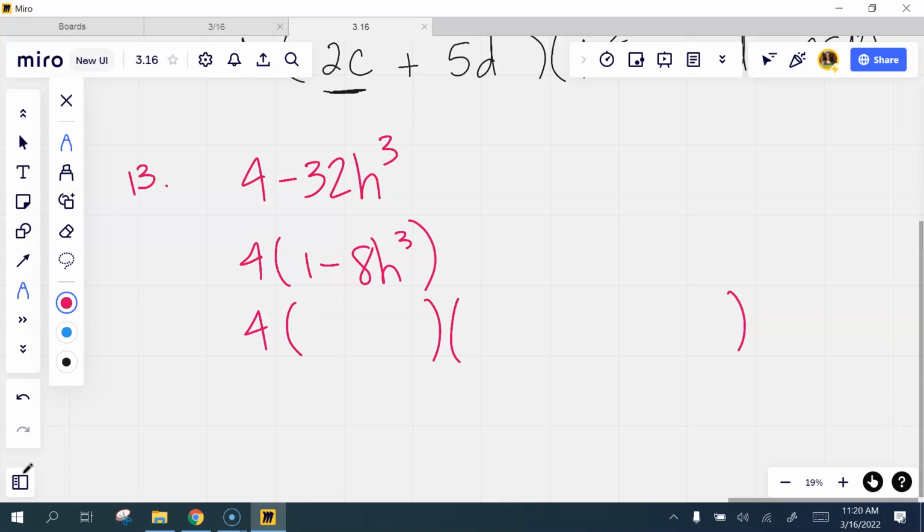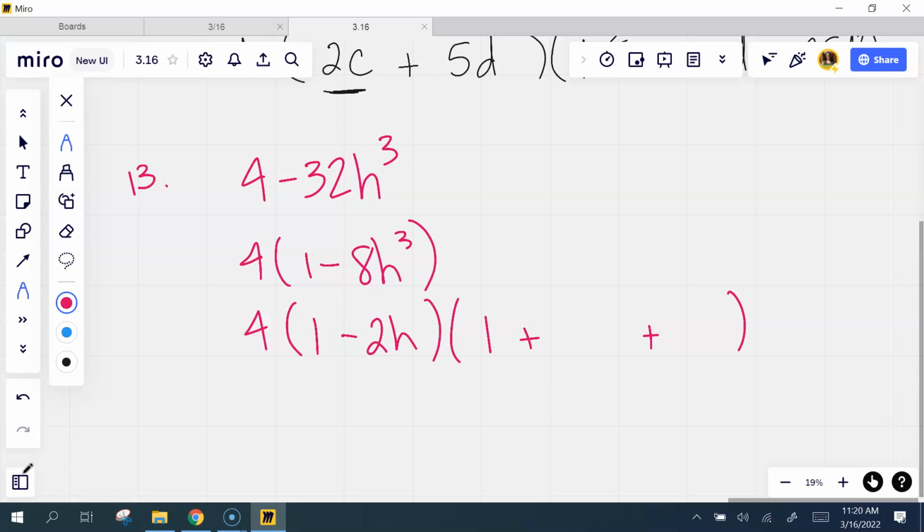What times itself 3 times gives you 1? Oh, I forgot my signs. Same. What goes in the second slot? 2h. Now you tell me how the trinomial goes.